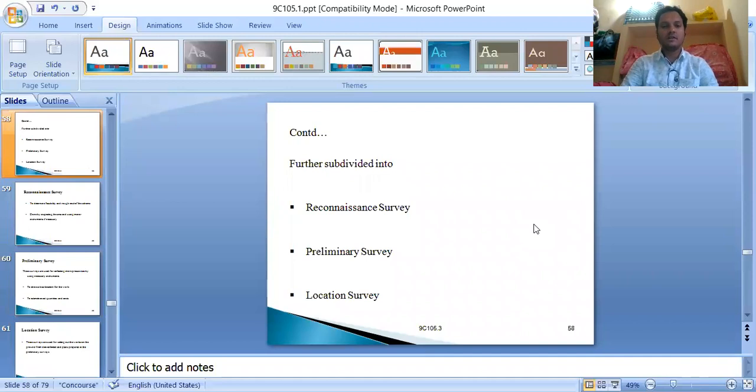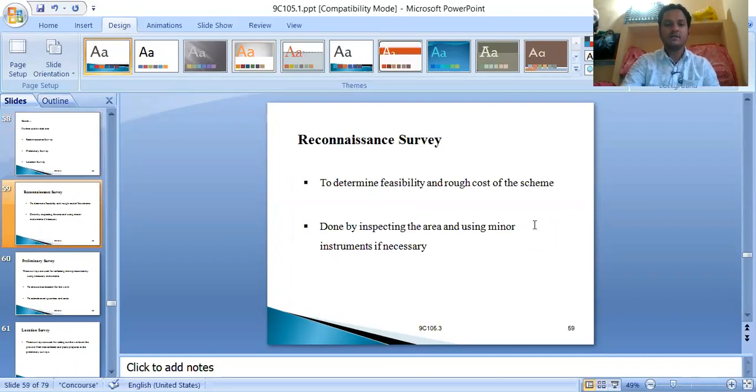And further, the engineering survey is subdivided into reconnaissance survey, preliminary survey, and location survey. These are the important surveys which we have to understand very clearly. What is reconnaissance survey? For any project, before starting, we have to check the feasibility, whether the project is feasible or not.